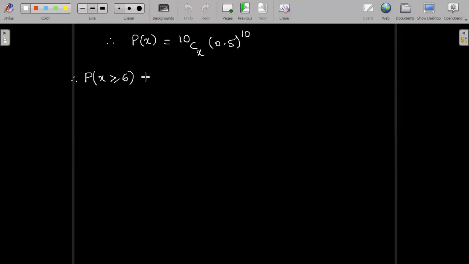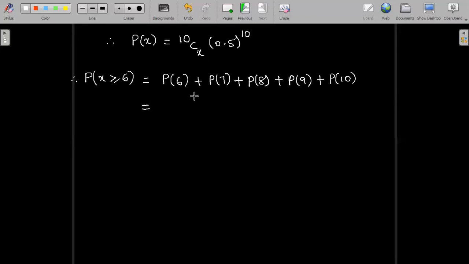So whether it is direct or negation, it is one and the same. So we have to actually substitute P of 6, 7, 8, 9 and 10, because n is equal to 10.